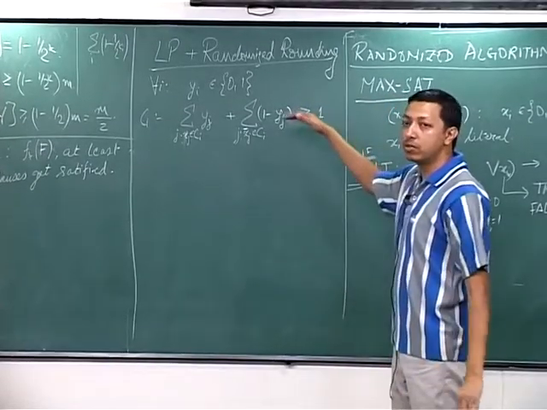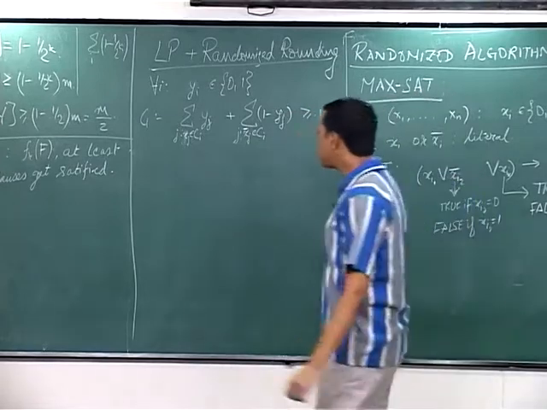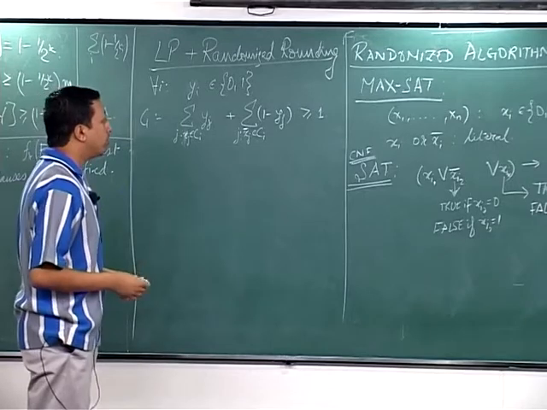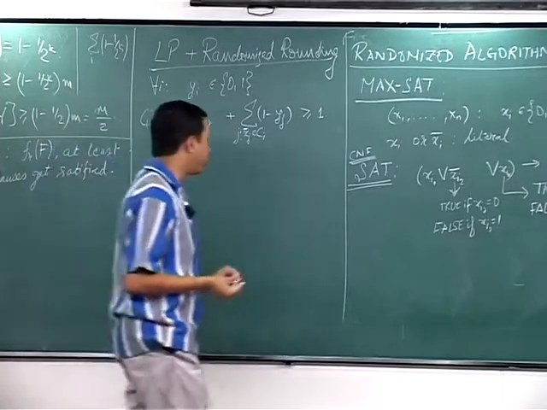That's what it means to say that the clause ci is satisfied, and what we want to count is the number of clauses which get satisfied.